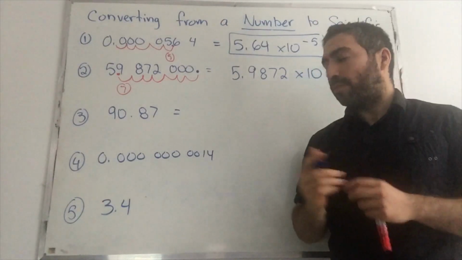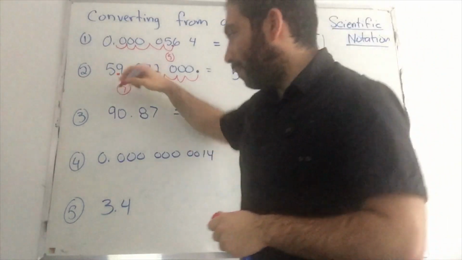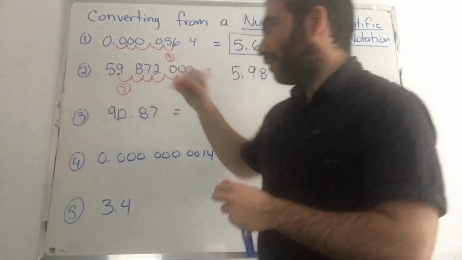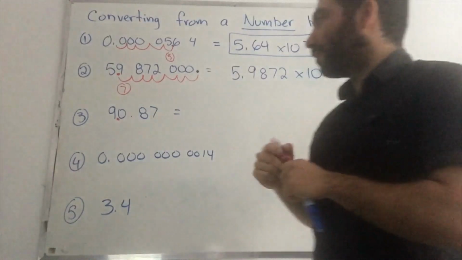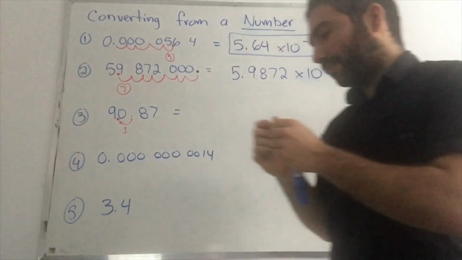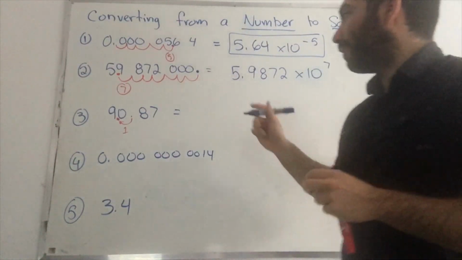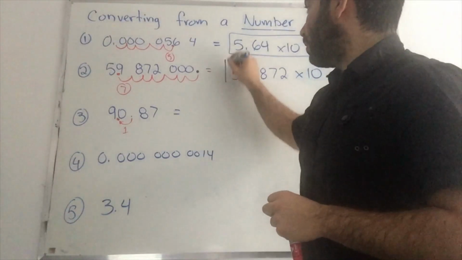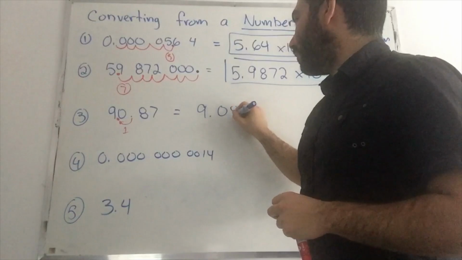Next, example 3, we have 90.87. Where do we want to put the decimal place? It's right here. We're moving it between the 9 and the 0 to get 9.0. That's between 1 and 9.99. So we're moving it 1 time to the left. So since we moved it to the left, our exponent is going to be positive. So we get 9.087.